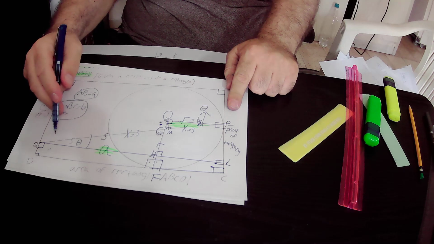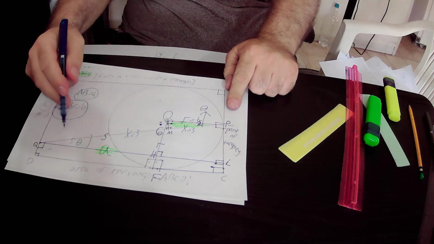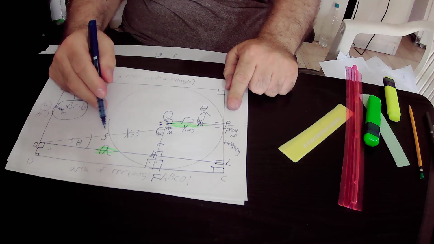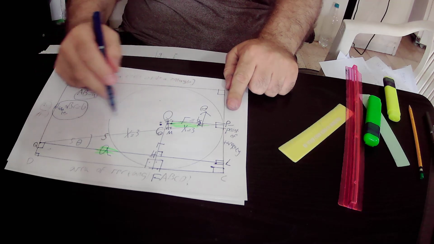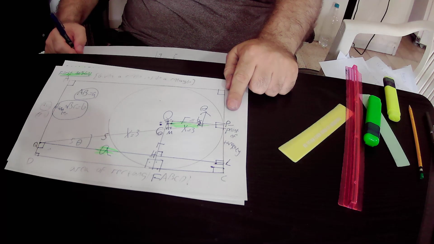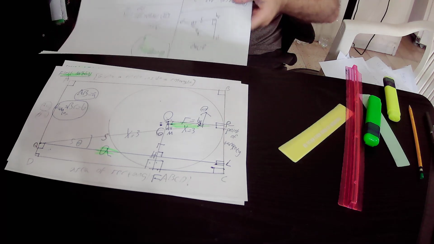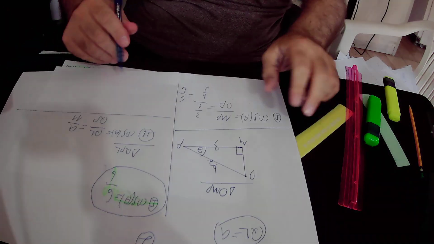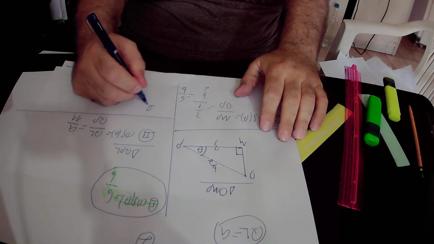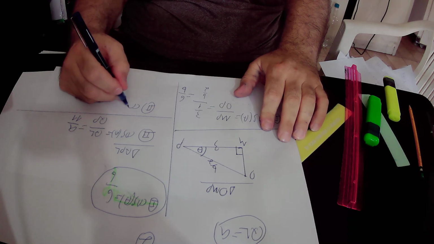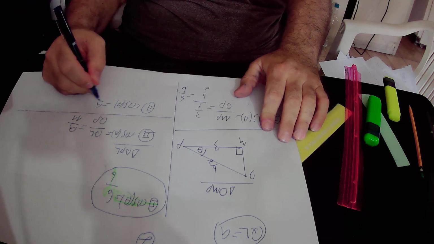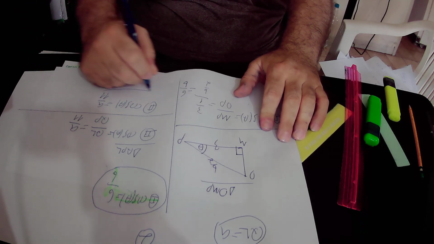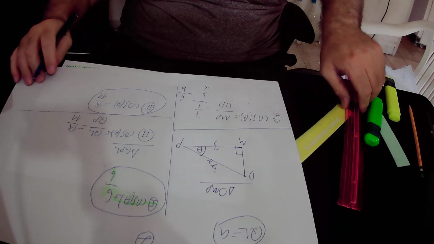From the drawing it is very easy to see that QP equals 5 plus SP, that is actually 6. 5 plus 6 is 11. So QP equals 11. So in conclusion, according to equation number 2, cosine theta equals A over 11.